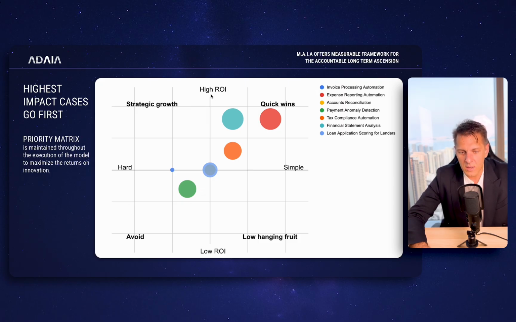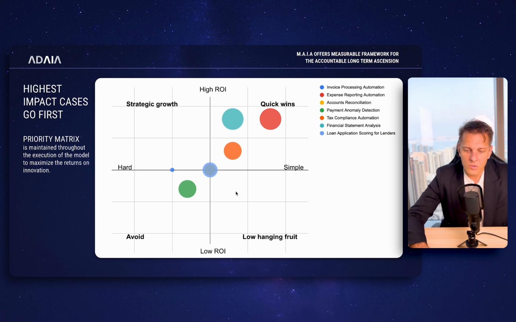And the key criteria that we use to build this matrix is the ROI, so the higher ROI, the better, and then simplicity, because in the era where AI is something new, we want to prioritize the simplicity of the implementation. And so the use cases that have the highest ROI and are the simplest to implement are the ones that we would recommend taking care of in the very first place.